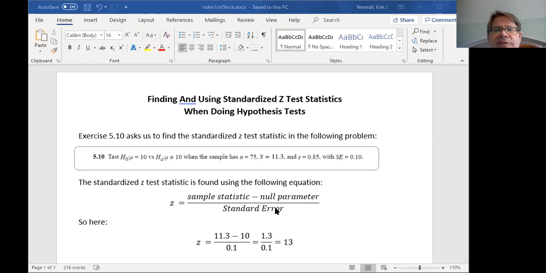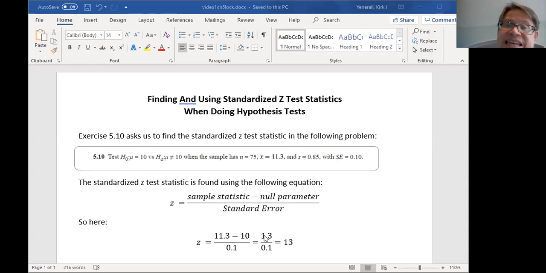What would that turn out to be here? Well, we can use the values in the problem. Our sample statistic was x bar equal to 11.3. The null parameter is the value of the population mean according to the null hypothesis, which is 10. So in our numerator, we'll have 11.3 minus 10, which is 1.3.